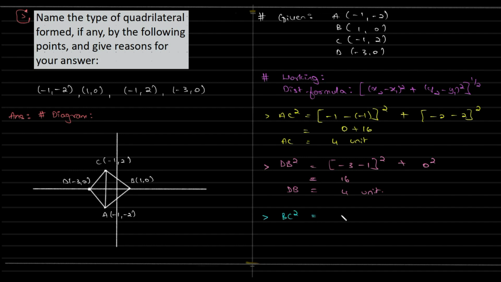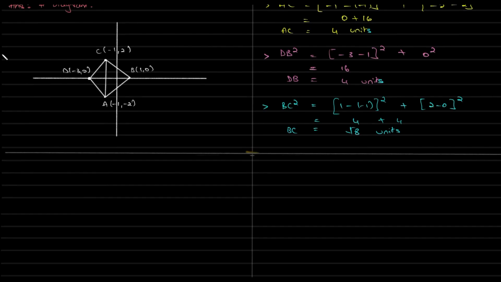So 1 minus of minus 1, the whole square, plus 2 minus 0, the whole square. So this is 4 plus 4, that's 8. So BC is equal to square root of 8 units. So we found the BC value, and DC. We have to get smart; we can't do everything. It'll be a lot of work. So minus of -1, minus 3 is 4, squared, and this is 2 minus 0.